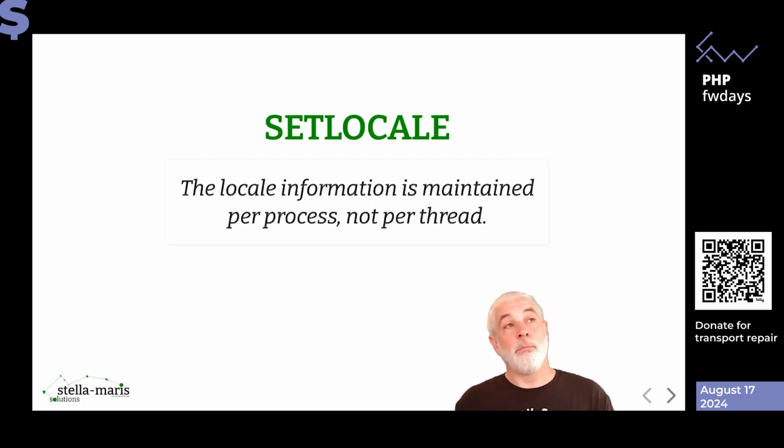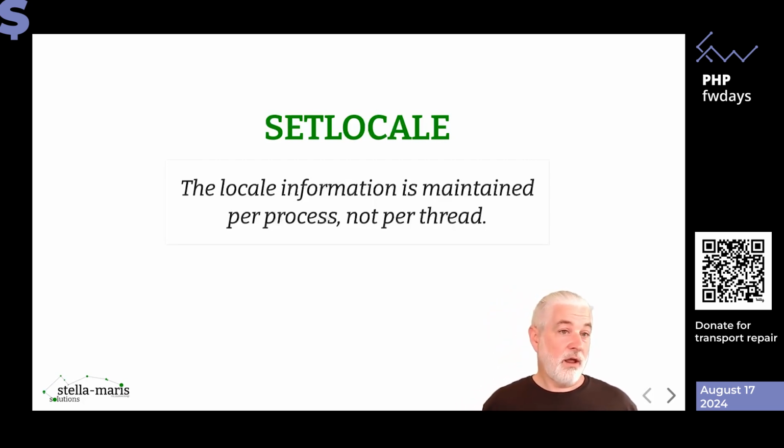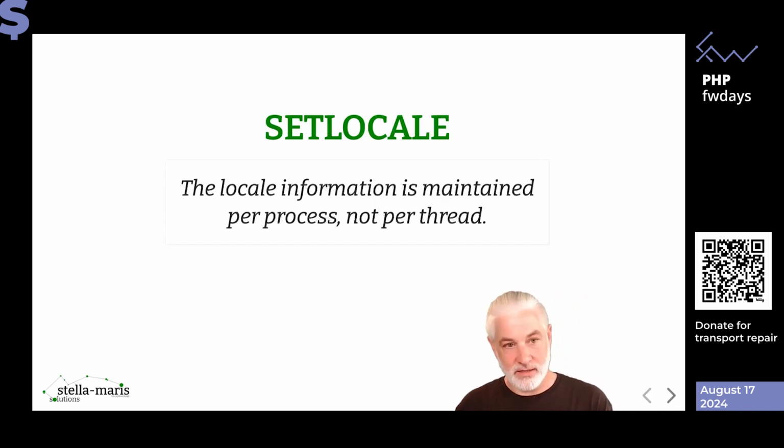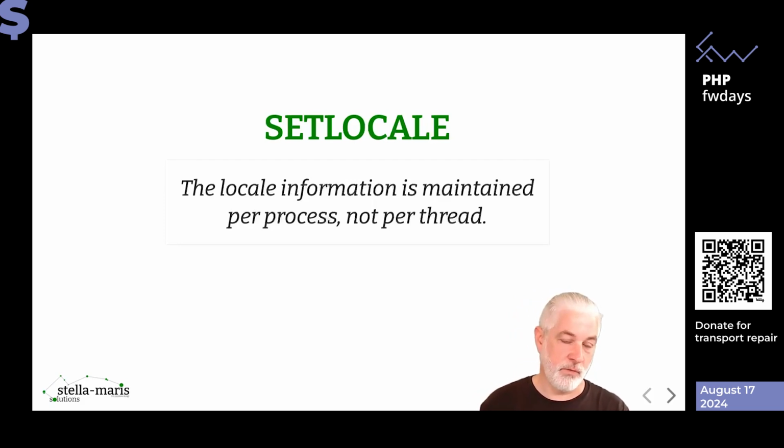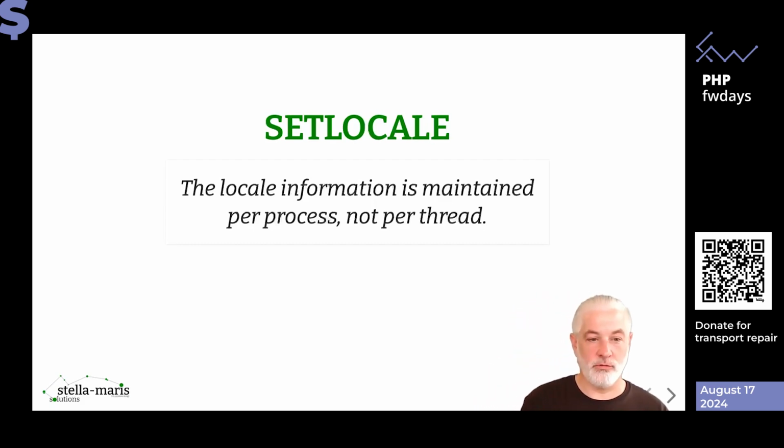Everything's fine. But then, almost simultaneously, another request comes in for Ukrainian. And setLocale is also called now for Ukrainian. But this setLocale call sets the locale for the whole process. Which means the other request that runs in the same process for English suddenly uses Ukrainian as locale. And you might actually end up getting multiple different translations in one output.